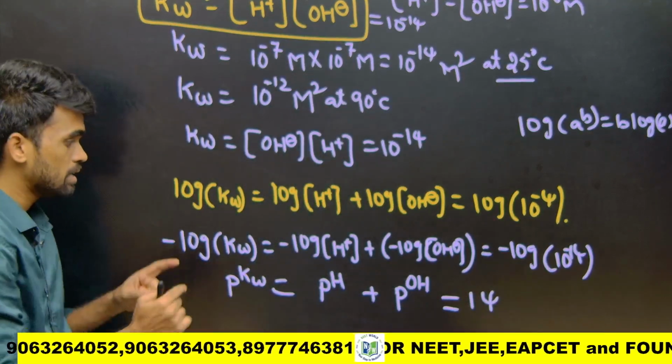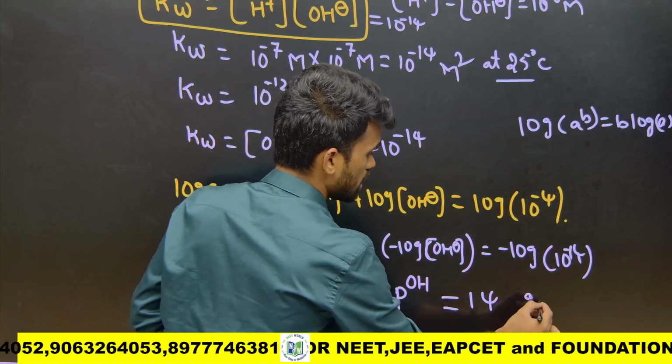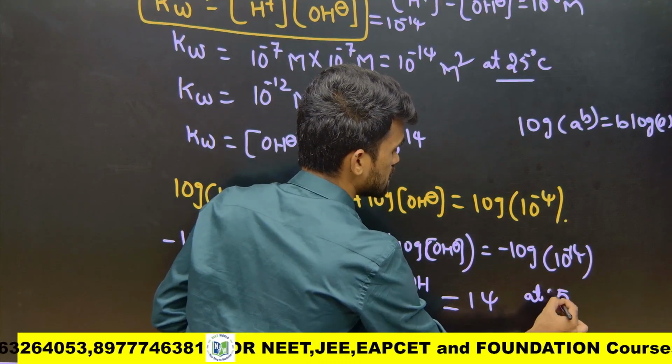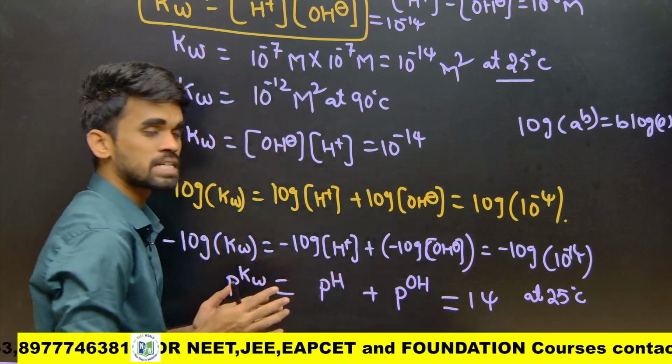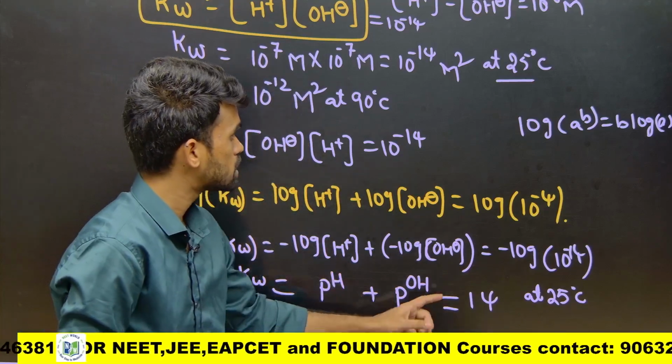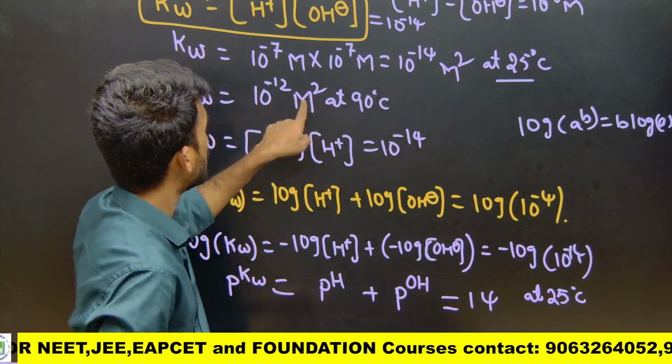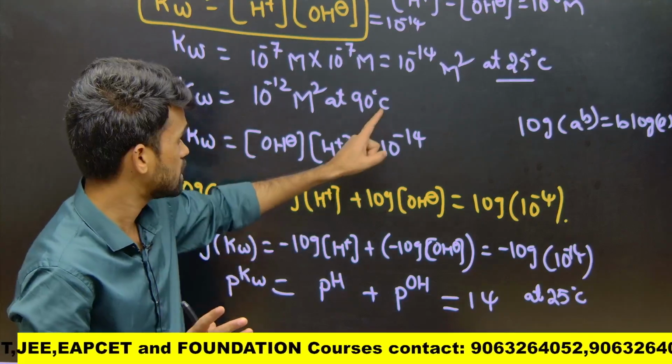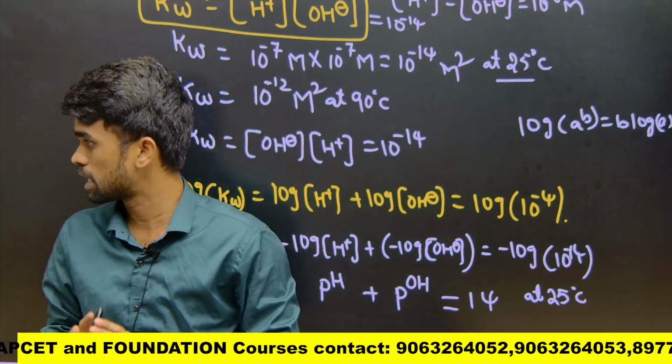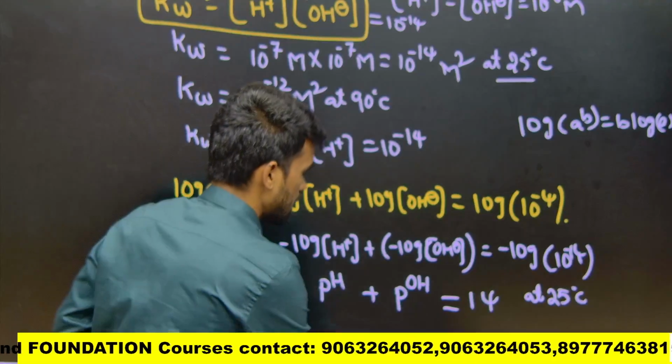Hope it is clear, and this discussion is at what temperature? At 25 degrees Celsius. If we do this discussion at 90 degrees, that will be equal to something around 12, right? That is at 90 degrees. Hope it is also clear. Now let us take here.